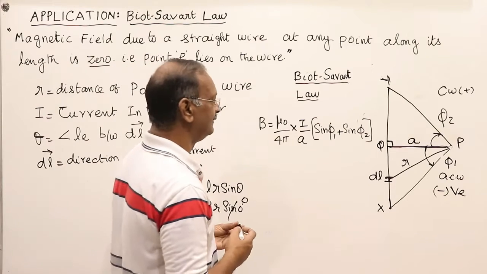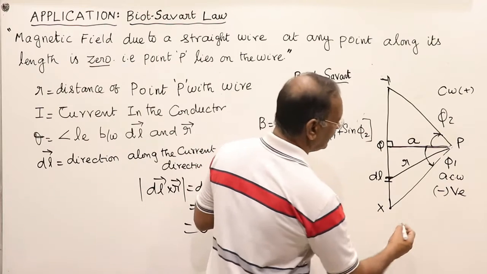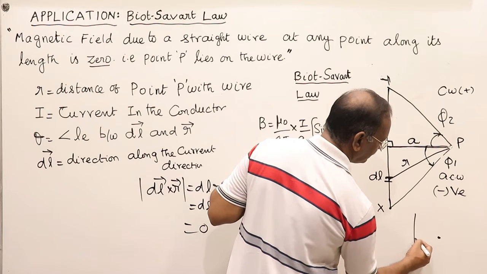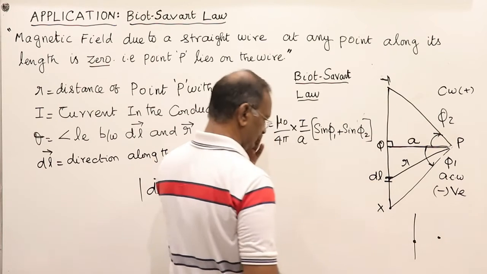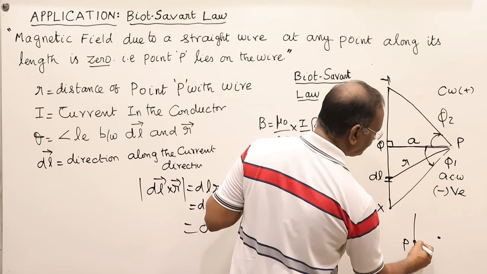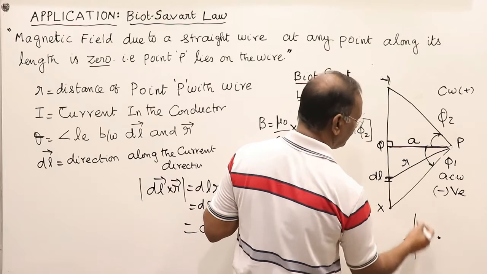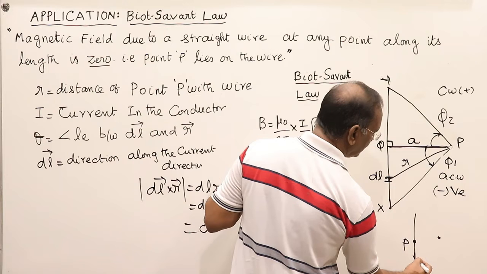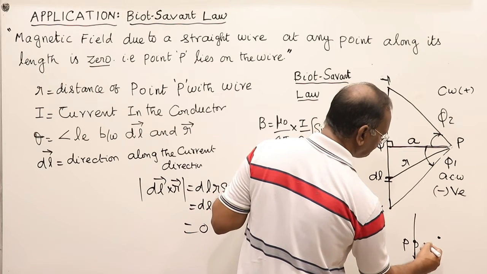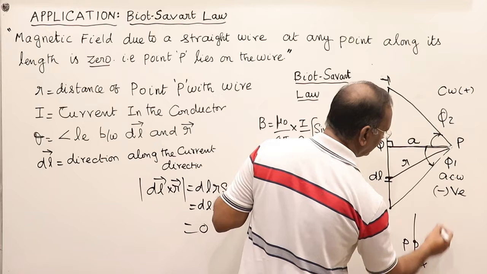Now what is theta? If the point P is lying on the wire, it means point P is shifted here. From P we draw a line to the X end, and that is phi 1.